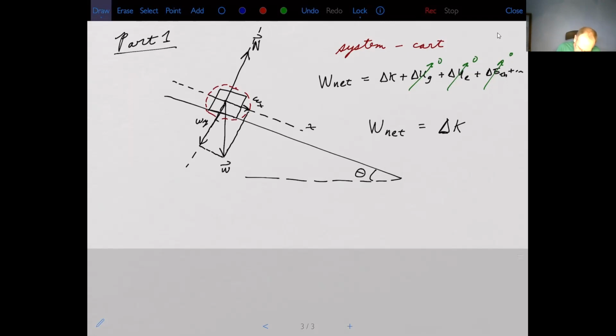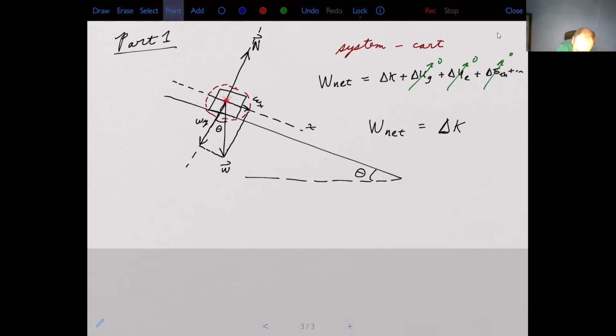This is my angle theta right here. So it turns out that if you think about this, the net force acting on that cart is simply going to be the x component of the weight.